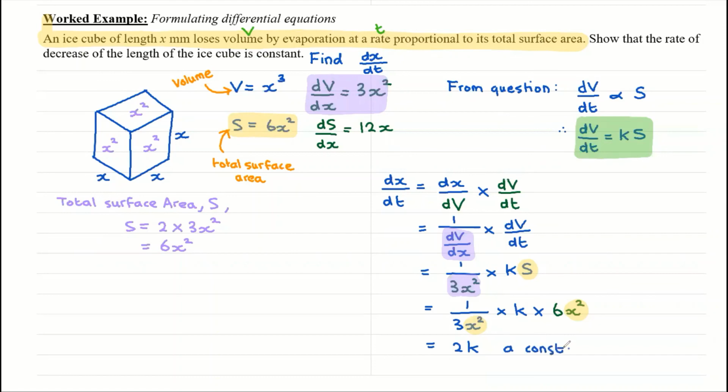And what I didn't state earlier was that k is a constant, which is what I should have done. And it's probably negative, but it doesn't matter. All you have to do is show that the rate of decrease of the length is constant, whether it's increasing or decreasing. In this situation, it's constant.